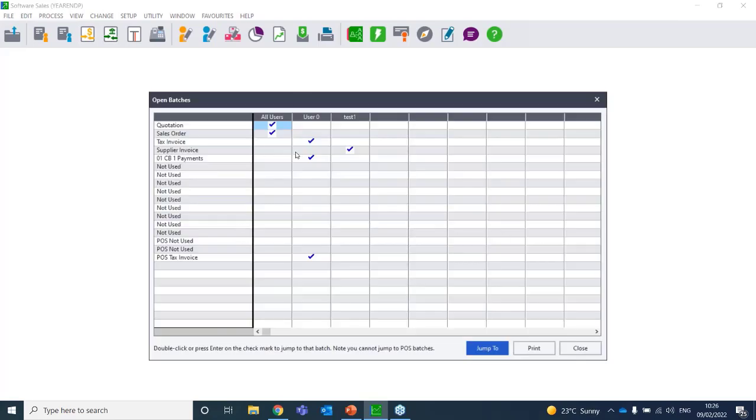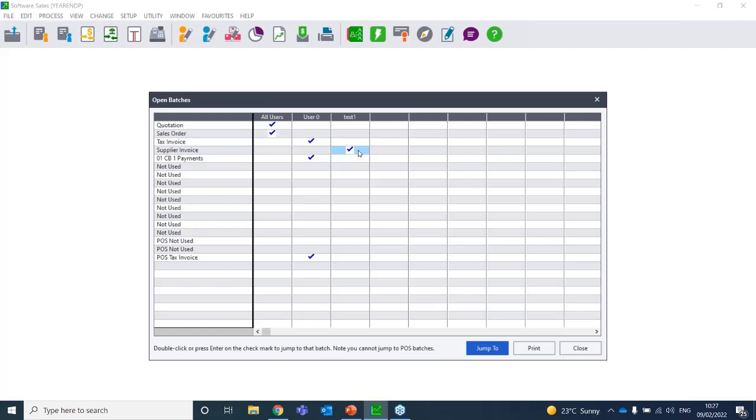But guys, basically, if we check this, I see that I have both tax invoices and supplier invoices and a point of sale tax invoice. When I'm doing a stock take, in a perfect world, guys, you should not have open batches. The reason for that is I've seen a lot of people where they haven't actually checked their open batches, and either in terms of a supplier, they are counting stock that they've already received, but they haven't updated that.